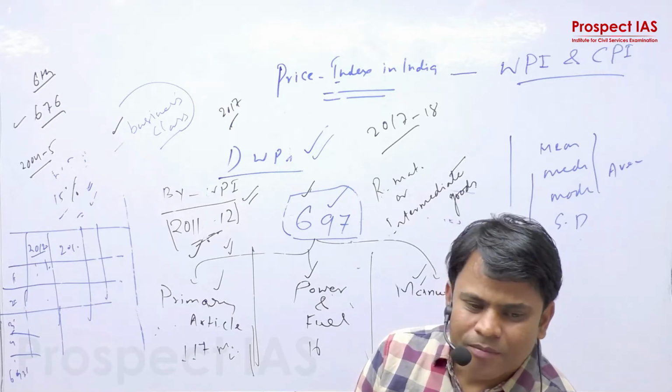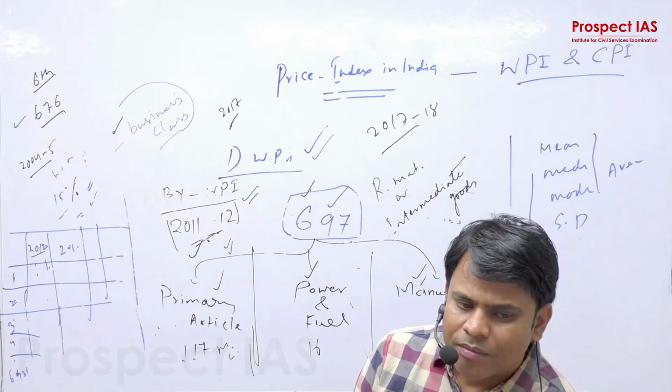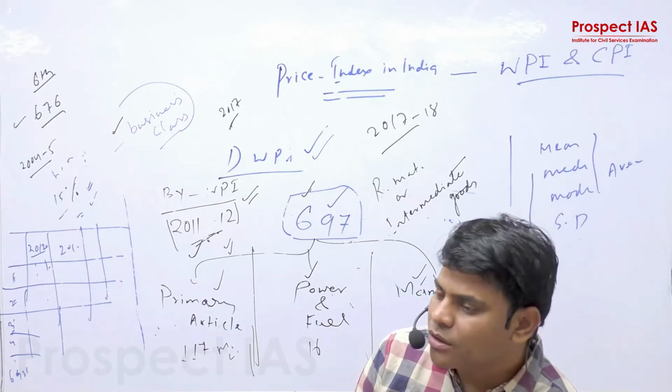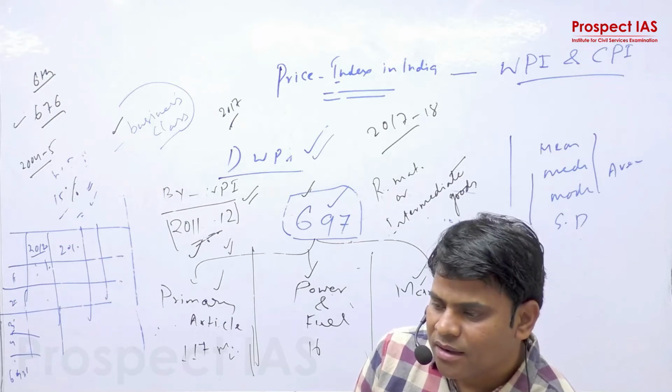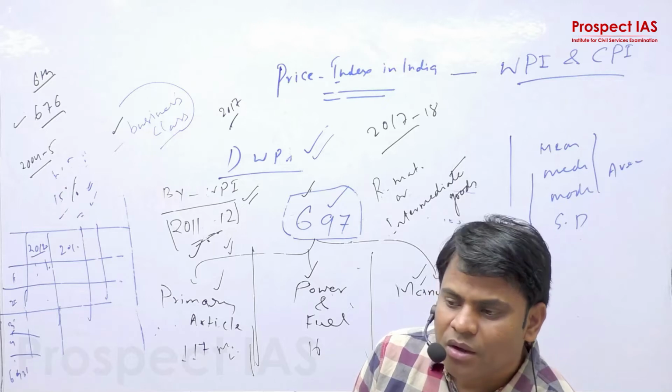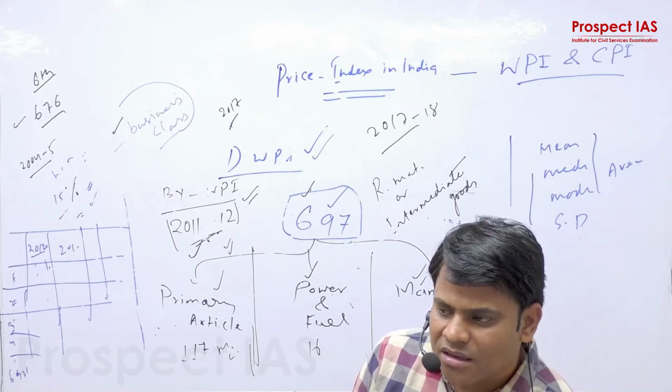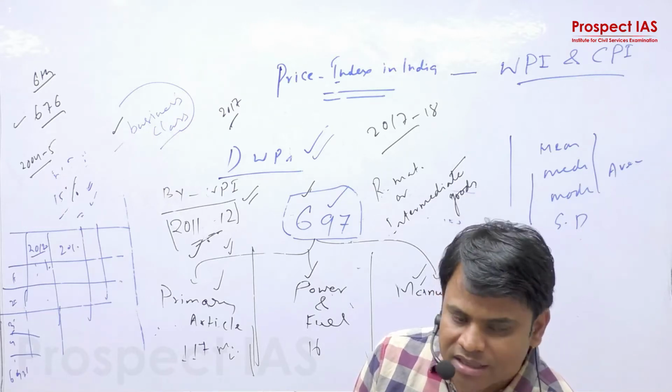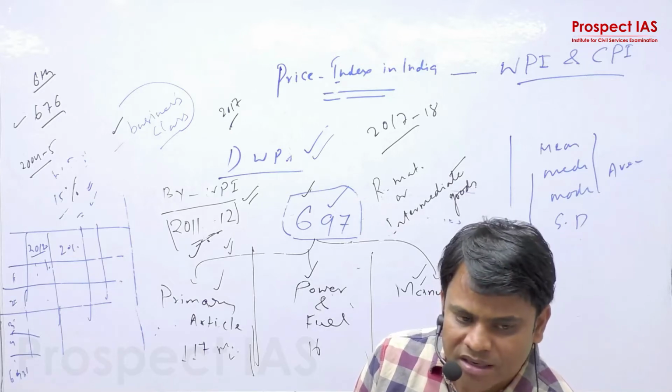Which one? No, that's not included in WPI. है ना, that's our retail purchase. That's our retail purchase that we make in the market. है ना. So that's not included in this WPI, wholesale price index. है ना.